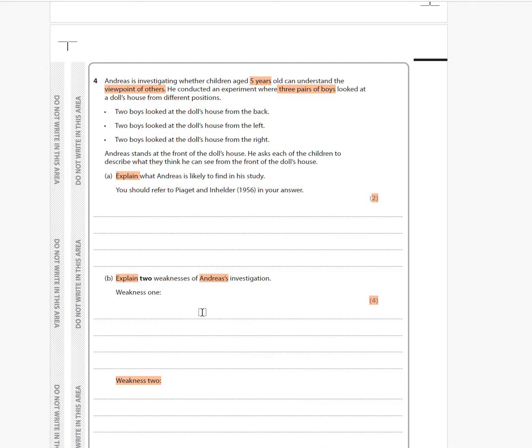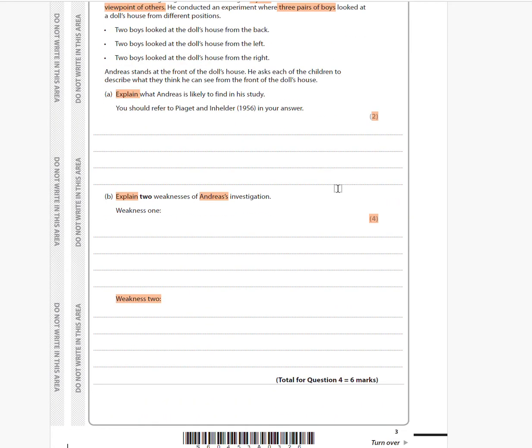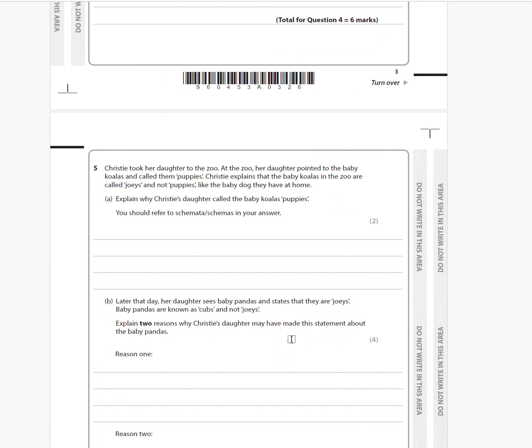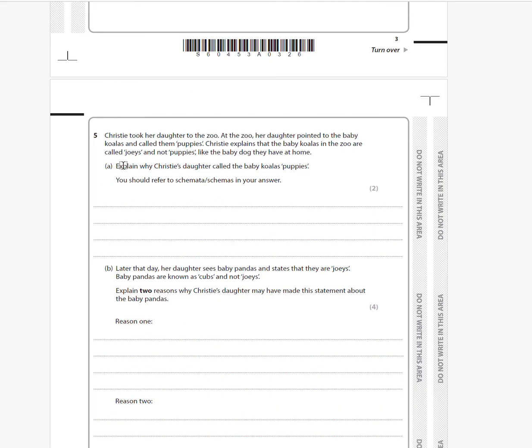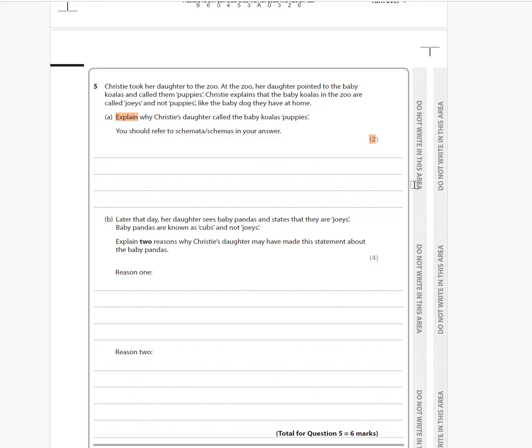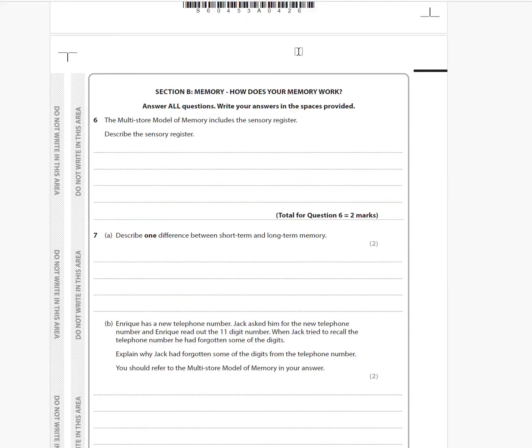That's how you make sure you're referring back to that. Think of it as a history paper if you want to. You can quote 3 pairs of boys from the question. Again, these are all very similar. You'll note the command word is explain, and it goes with those 2 marks because, again, it's identify and justify.